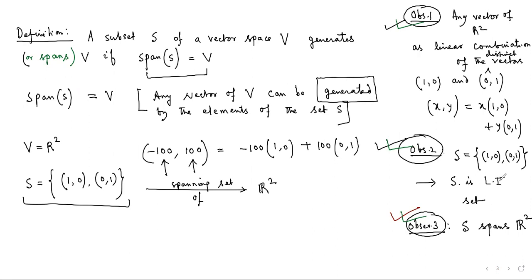These finite number of elements are linearly independent, the set in which they belong is also linearly independent, and the set actually spans R2 because every element of R2 can be generated by the elements present in capital S. Keeping this in mind, I am going to give you the third definition of today's class. The definition goes like this: a basis.